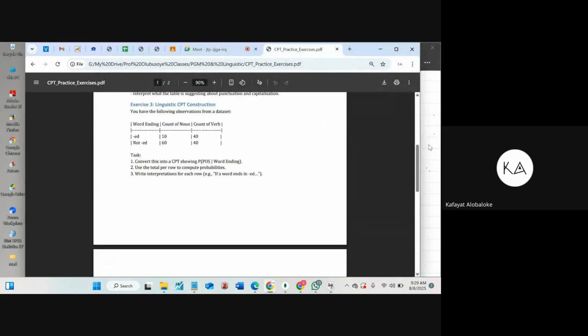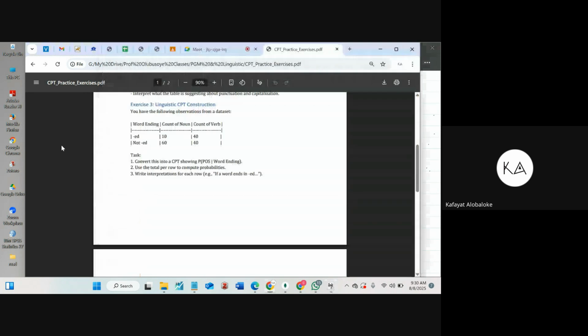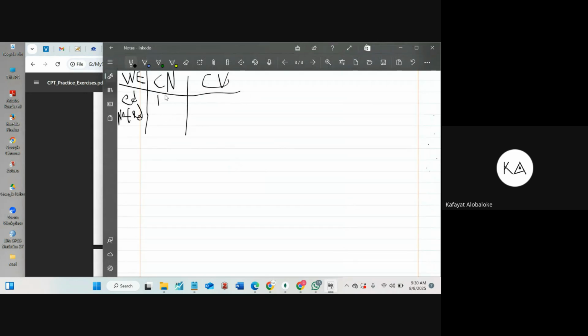And we have the count of noun, let me use that as cn, and also the count of verb, that's cv. Okay, we have 10, 40, 10, 40, 60, 40.